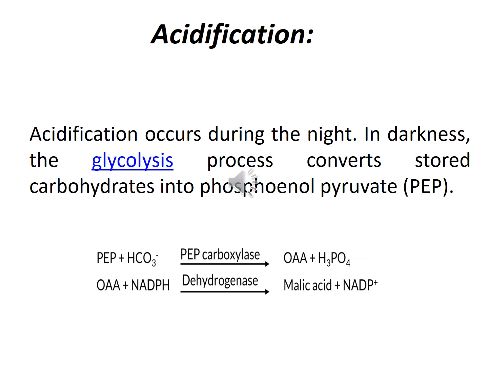This reaction is catalyzed by phosphoenol pyruvate carboxylase. The oxaloacetic acid is then converted into malic acid in the presence of malic dehydrogenase enzyme. NADPH produced during glycolysis is used for this reaction. Malic acid gets accumulated in the vacuole and causes an increase in the acidity of the cells.